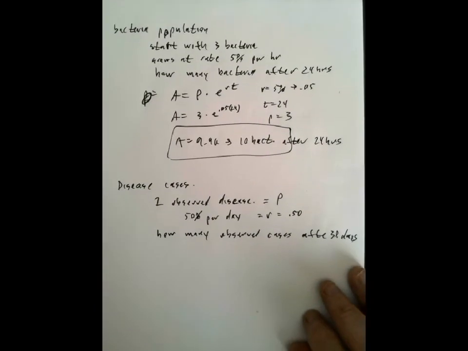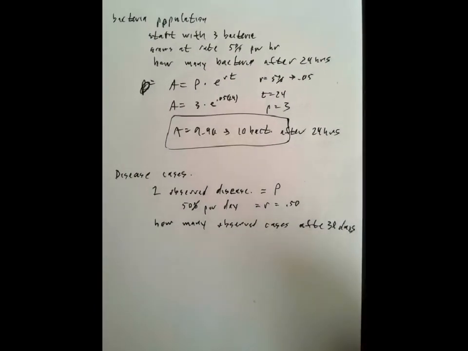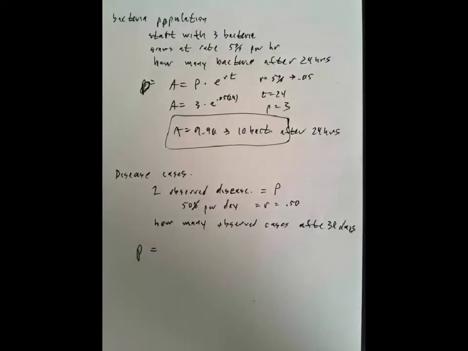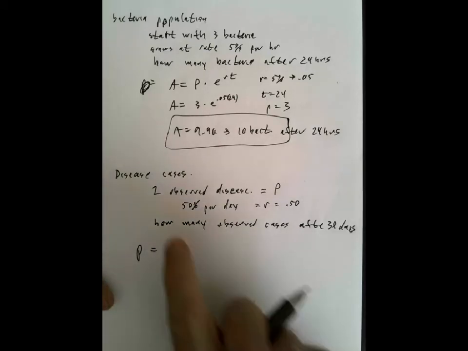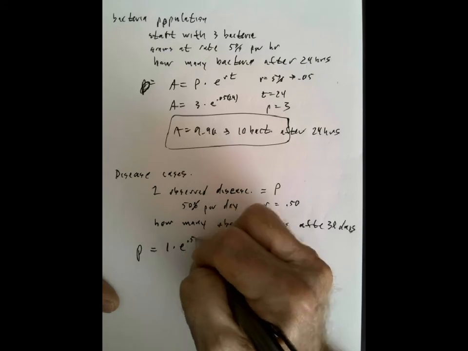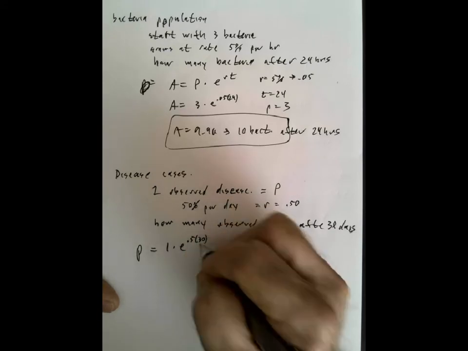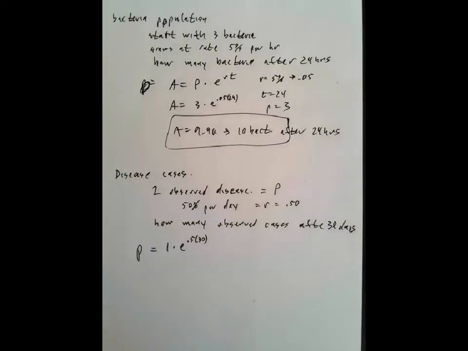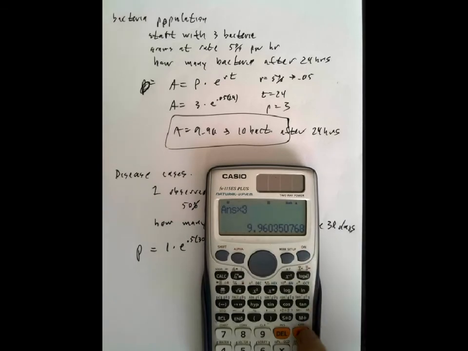Okay, so this is going to be A is equal to 1 times e to the 0.5 times 30. See here? 0.5, that's the growth rate. 30 is the number of days, and t is going to be in whatever the time units are for the problem. Okay, so let's plunk that in and see what we've got.